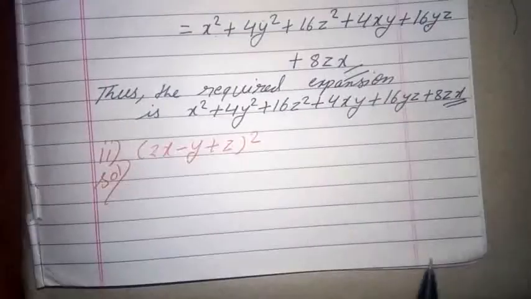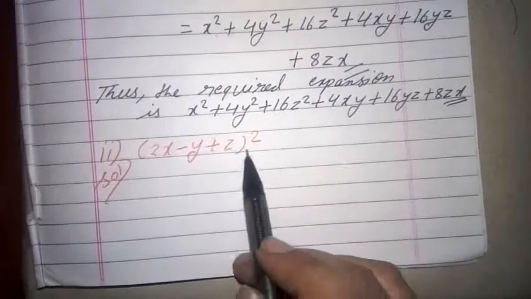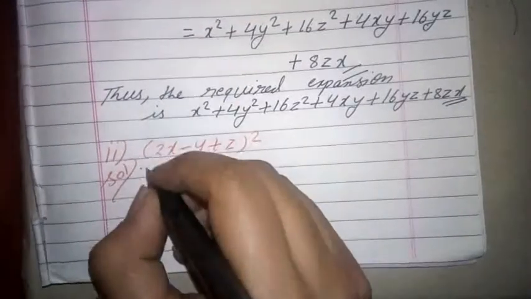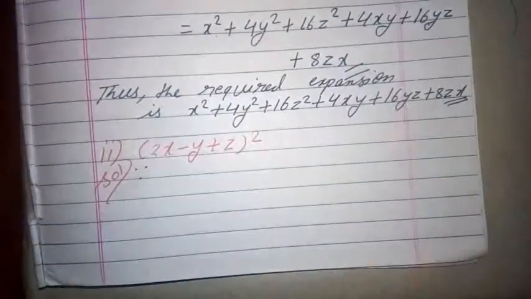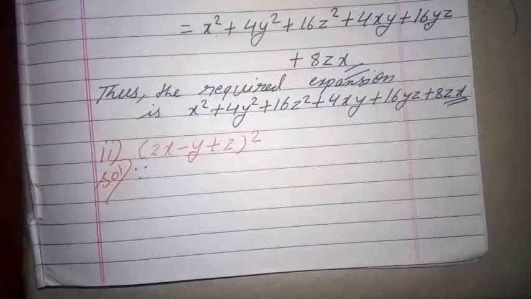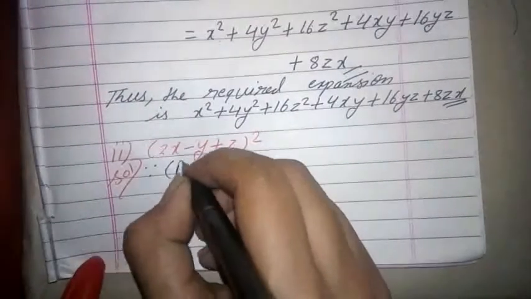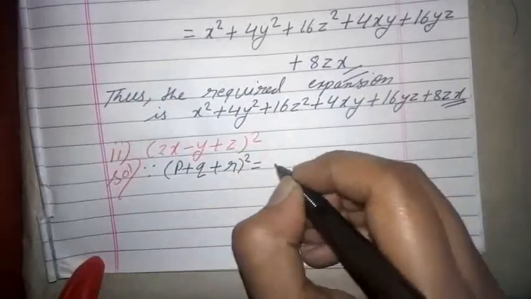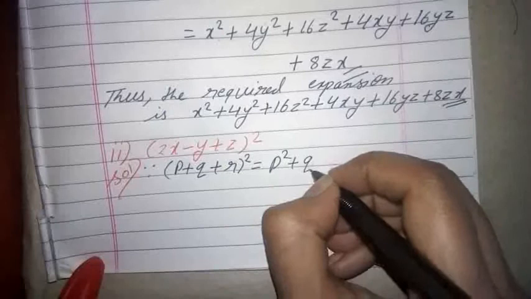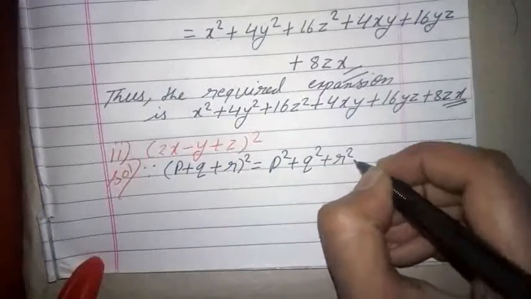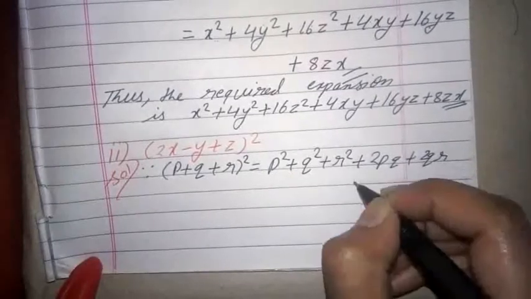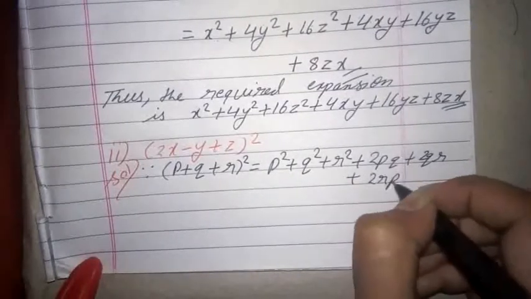The second part is the whole square of 2x minus y plus z. We'll use the same identity which we used in the first part, which is the whole square of p plus q plus r equals p square plus q square plus r square plus 2pq plus 2qr plus 2rp.